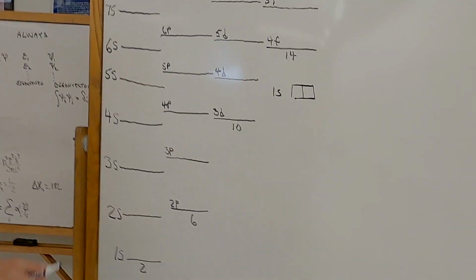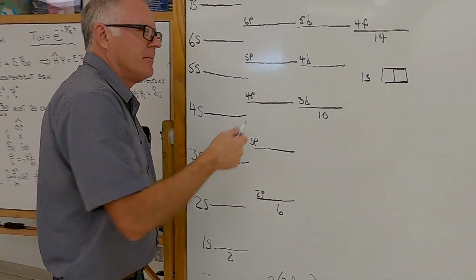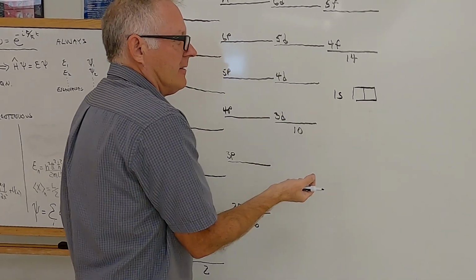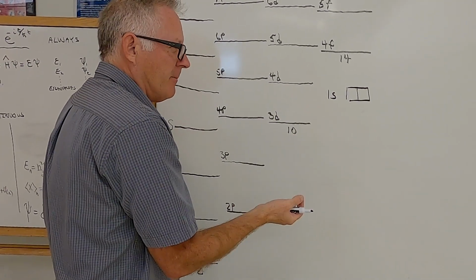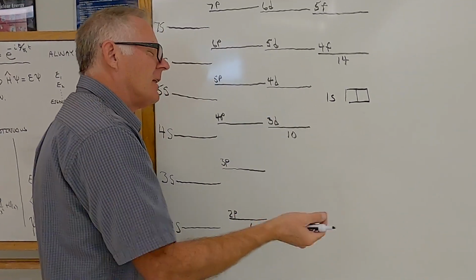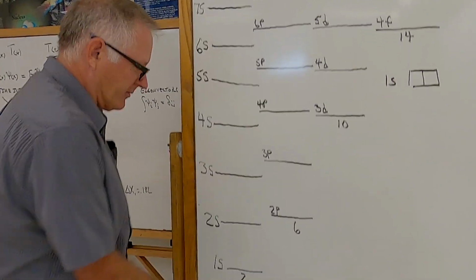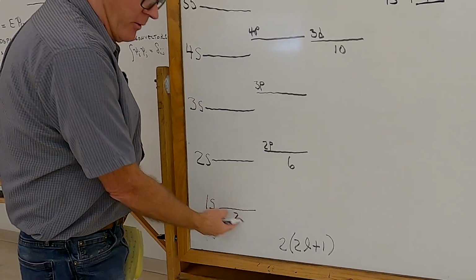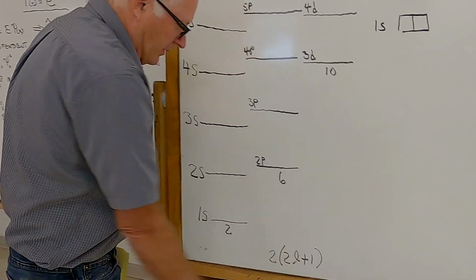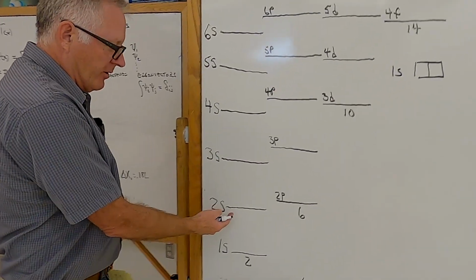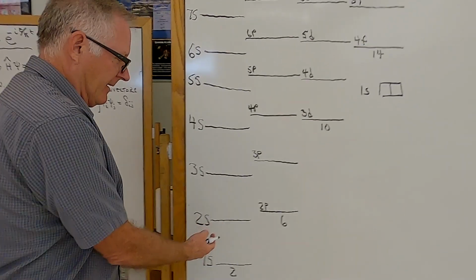And again, there's 2 possibilities because you remember L is 0, M sub L is 0, but M sub S can be plus or minus 1/2. So that's why there's 2 states right there. This is again what we get from just 2 times 2L plus 1.